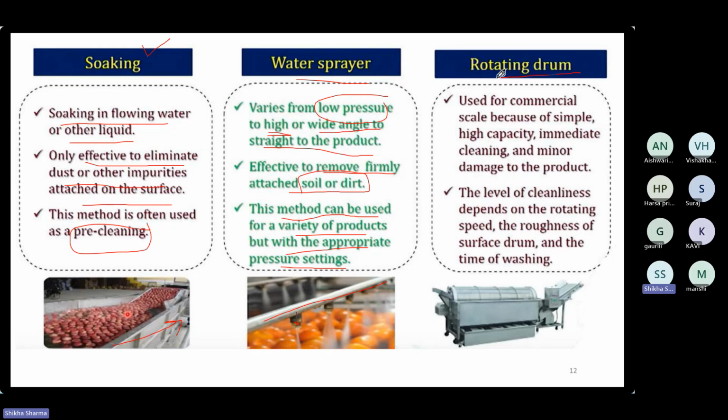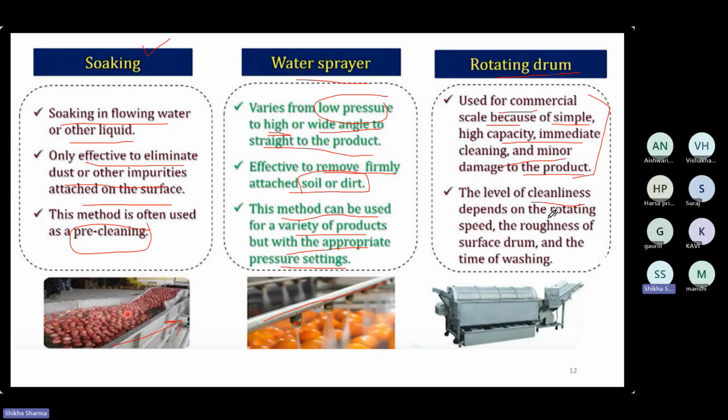Then rotating drum is used for commercial scales, basically because of simplicity, high capacity, immediate cleaning and minor damage to the product. So rotating drum is a commercial kind of method where a high capacity of product can be processed.